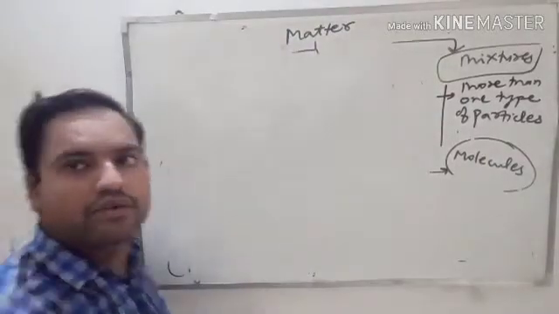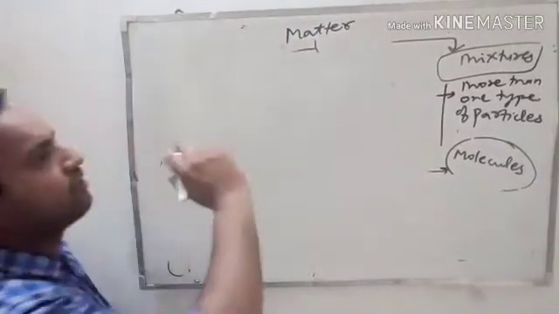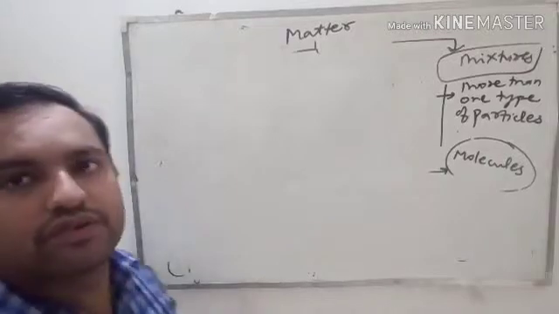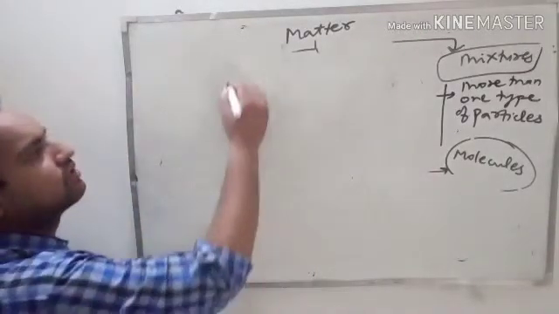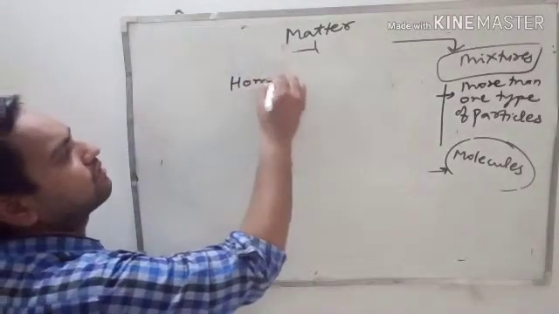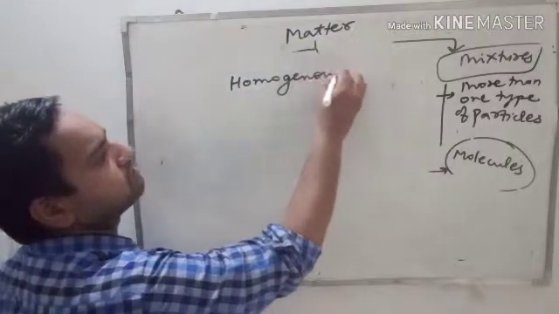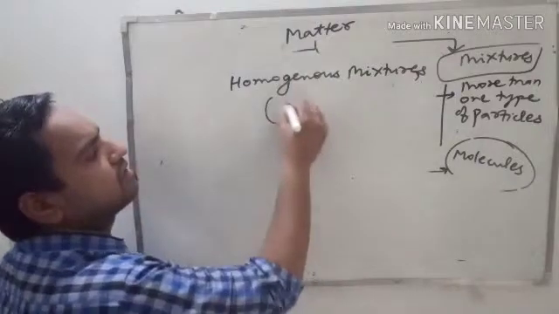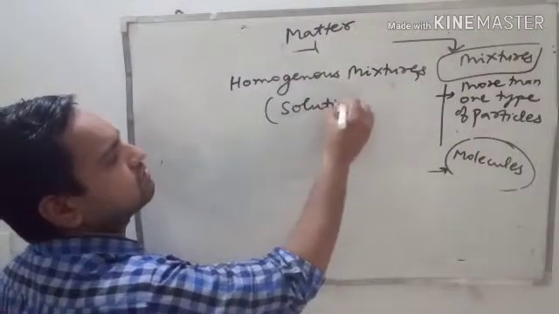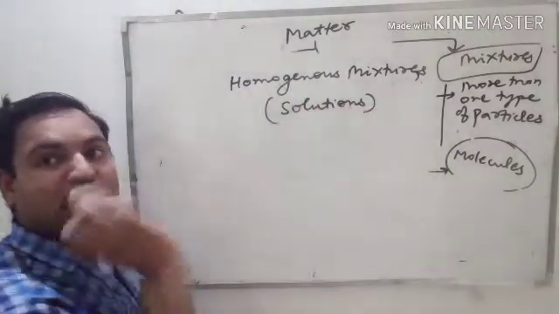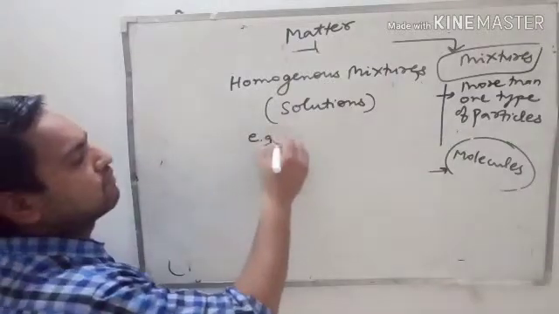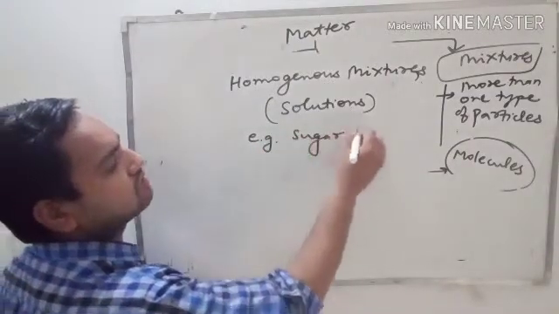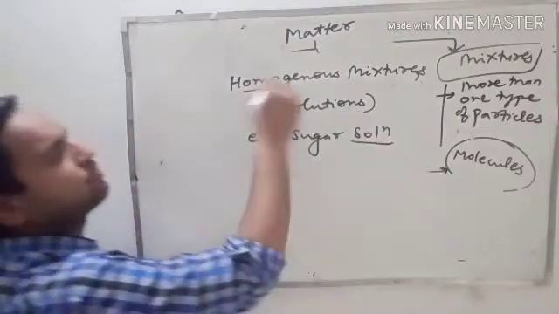So, what are the different types of mixtures? First, there are homogeneous mixtures. Homogeneous mixtures are also known as solutions. Example, sugar solution, salt solution. What is a homogeneous mixture?